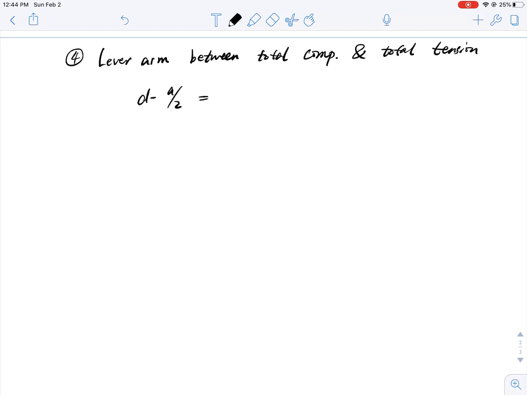So the lever arm between total compression and total tension is now equal to d minus half a, and that is 21 minus 5.04 divided by 2, and I have 18.48 inches.